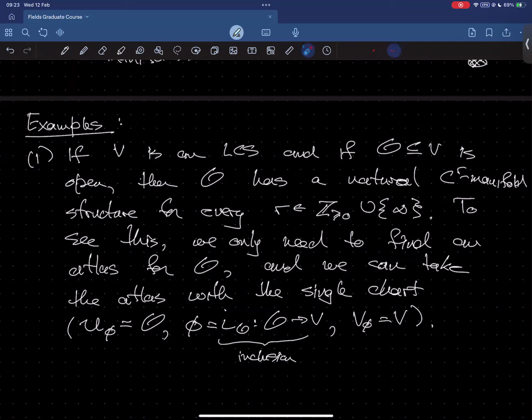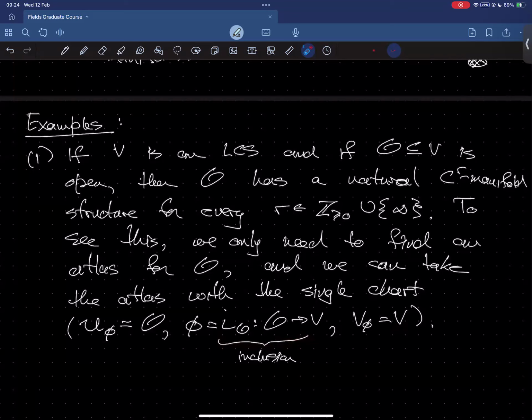So let's first just verify that that's a chart. What do I need for it to be a chart? Well, I need O to be a subset of O, which it certainly is. I need V to be a locally convex space, which it certainly is. And the only possibly interesting thing has to do with the chart map, which in this case is an inclusion.